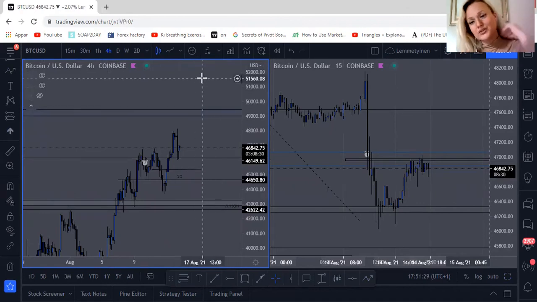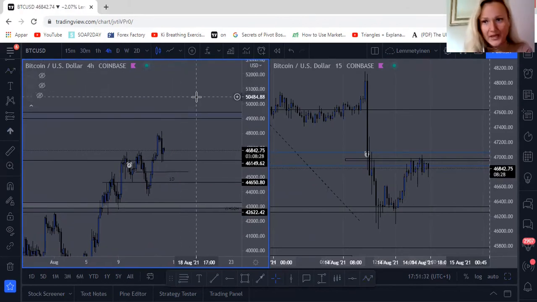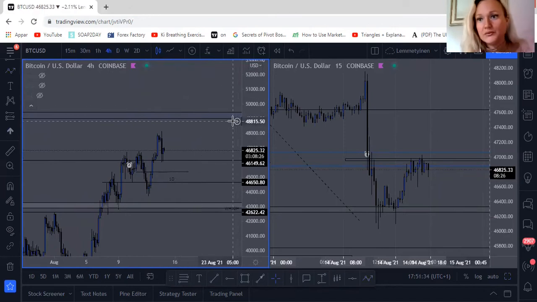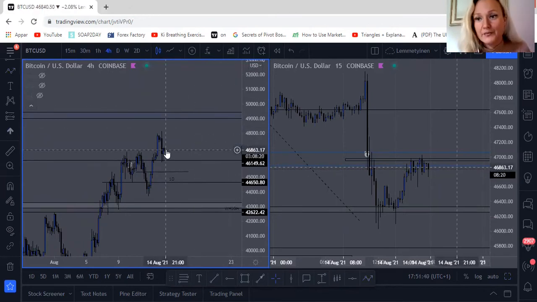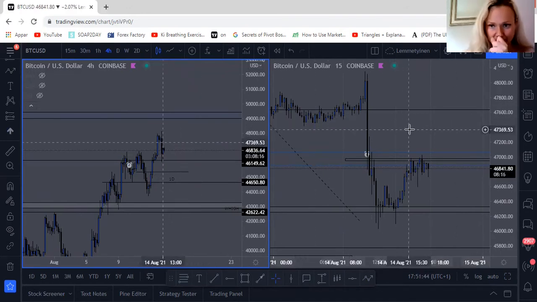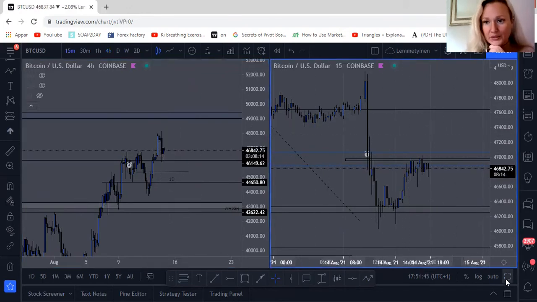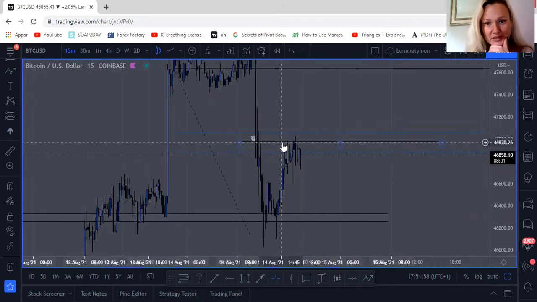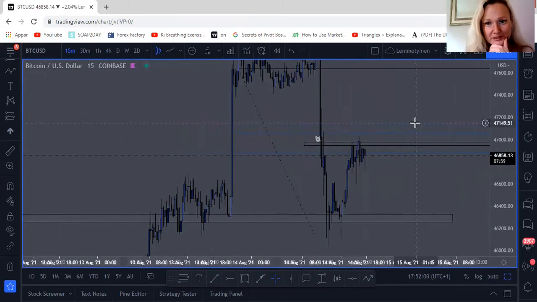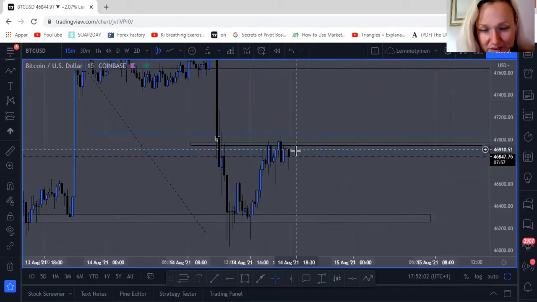Because I'm a short-term trader. I don't trade for weeks or for a couple of days. I take half a day for me to get my TP hit or my stop loss hit. But I'm going to show you why I wanted to take this trade. This was the highest point at one time, not a long time ago.